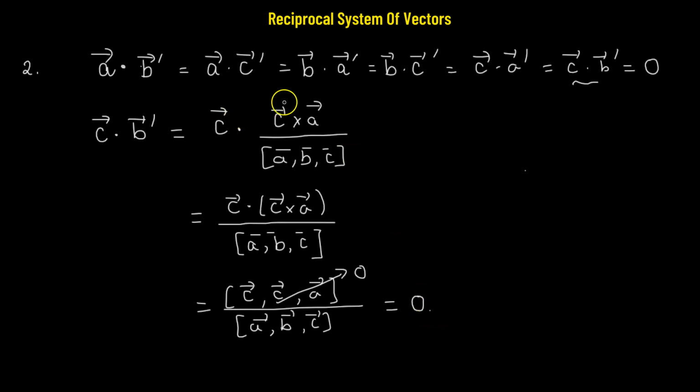So this is what we wanted to show, that the scalar product of any other pair of vectors, one from each system, is going to be 0.